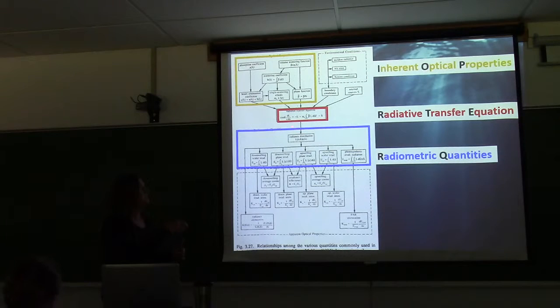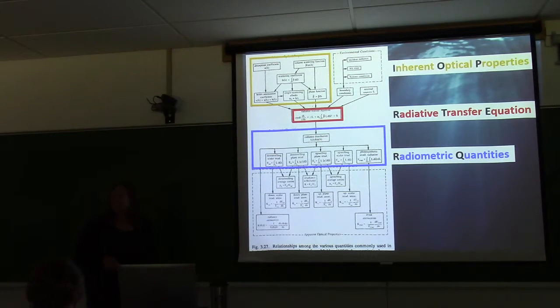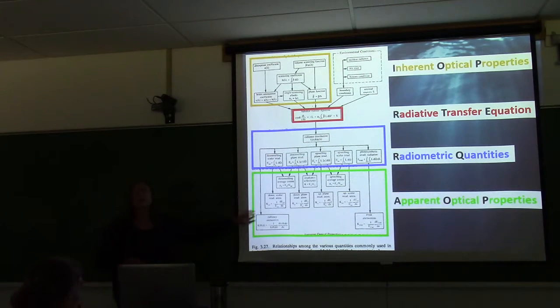So you'll be spending some weeks on Hydrolight, where you input optical properties that you've measured in the lab or in the field and predict what the radiometric properties of the ocean are. And then, of course, you can compare it to the radiometric properties that you would measure with various radiometers. The other thing that we can do with the radiometric properties is compute what we call apparent optical properties.